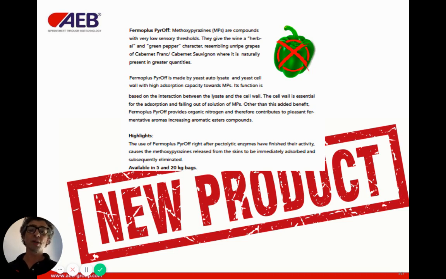These methoxypyrazines are very hard to eliminate, but if this product is used right after pectinase addition, all the pyrazines will be free in the media, and the matrix of this nutrient, which is mostly yeast-derived, will capture and absorb them, and then you will be able to eliminate them in the lees.